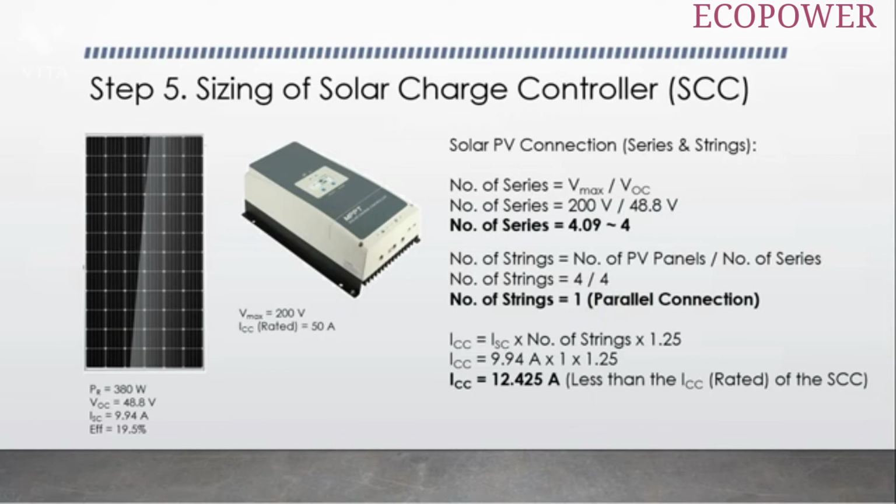The resulting charging current would be 12.425 amps. This will be the amount of current that will be charging your battery bank. This ICC of 12.425 amps is less than the rating of our solar charge controller, so we can definitely use this SCC for this setup.